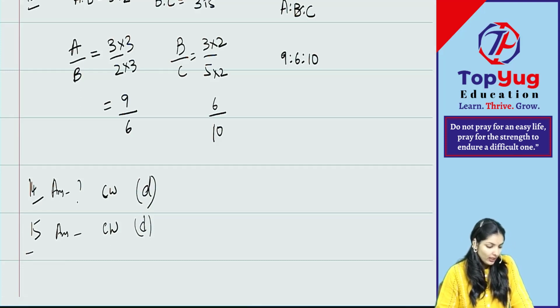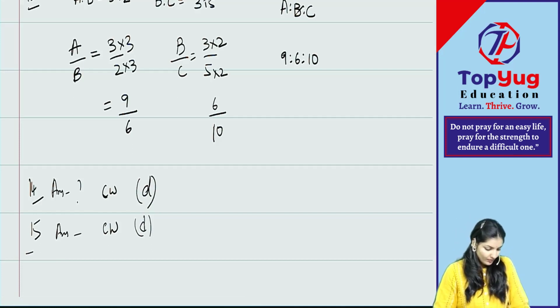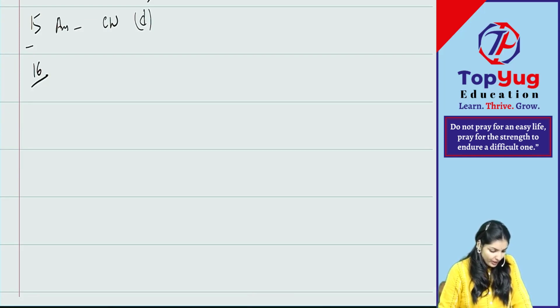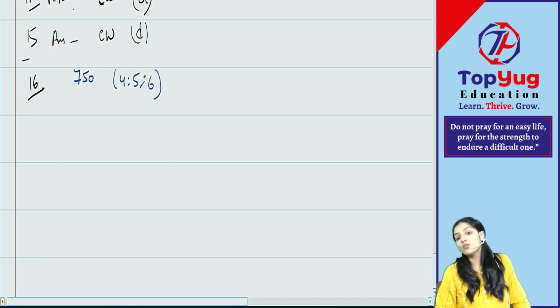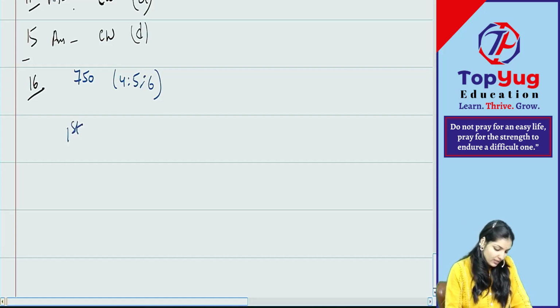Chalo, 16th one now. Shall I start? Division of 750 into 3 parts in the ratio of 4:5:6. So guys, yesterday I have given you a formula. Particular term divided by sum of the terms, where 3 parts means first part, second part and third part.